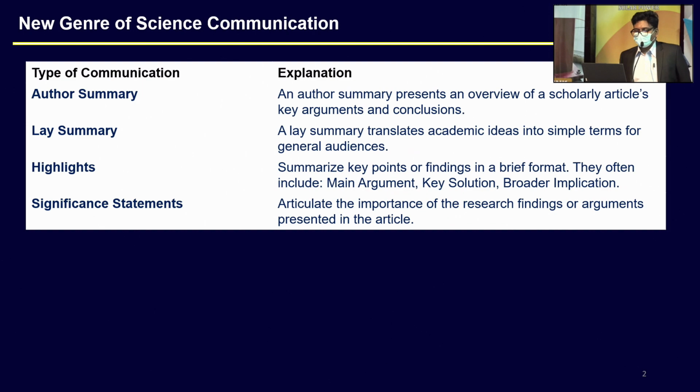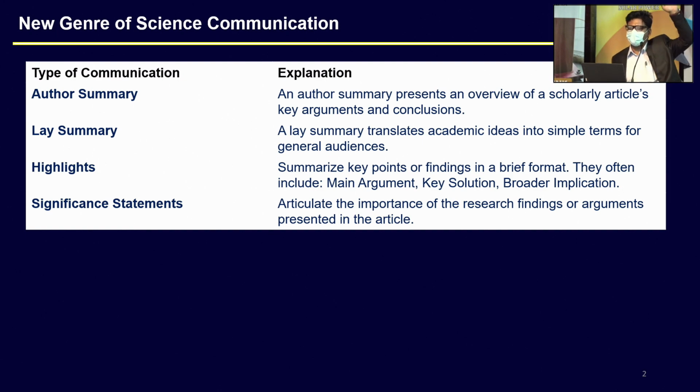Right, so for today's discussion, I will mainly focus on the communication of science in a broader picture, where I talk about the genre of science communication, the modern genre, where we talk about how science has evolved from being just a research paper into a communication that broadens horizons. You might have seen these things in journals, like author summary, lay summary, highlights, significant statements.